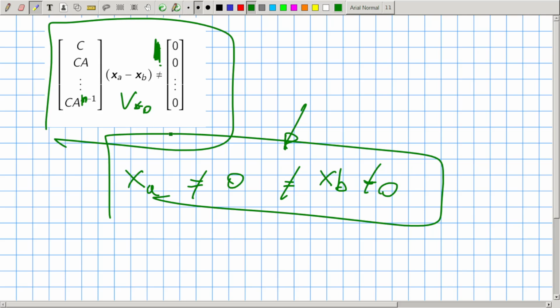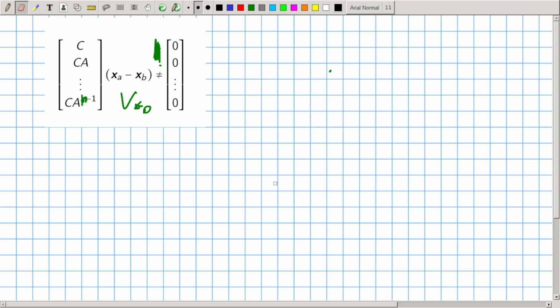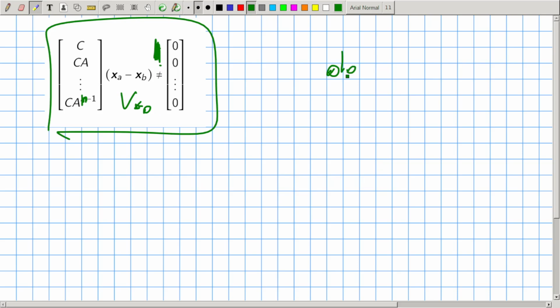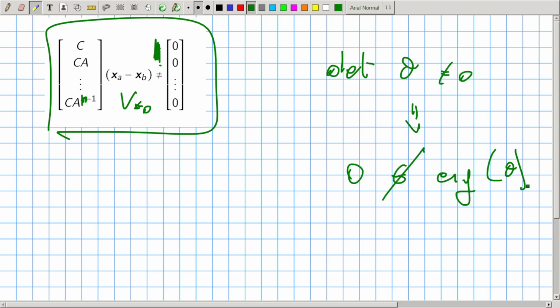Are we together? And this means that this thing happens if and only if the determinant of this matrix is different from 0. That means that I do not have 0 as an eigenvalue of that. Are we together?